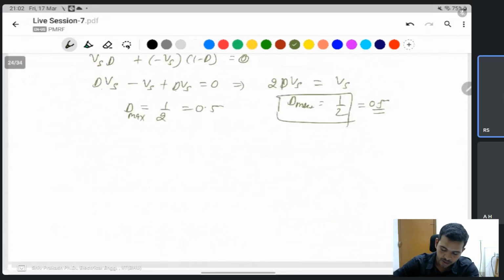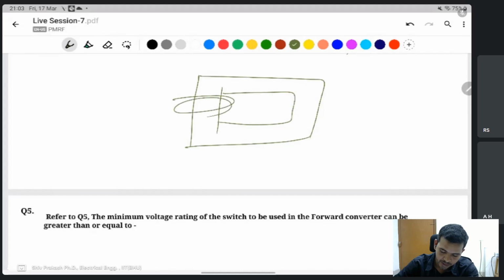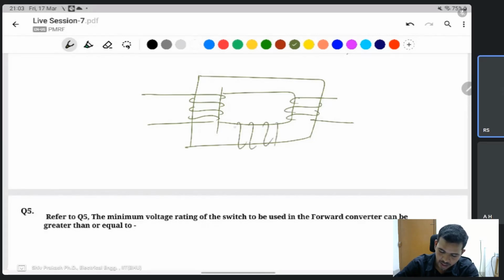If we have one primary and one secondary, then we have it like this. This one I have as the transformer, this one is the primary, this one is the secondary, and this one is the tertiary, on one core. Vs, V output, secondary, Vp, Vs, and the demagnetizing winding.